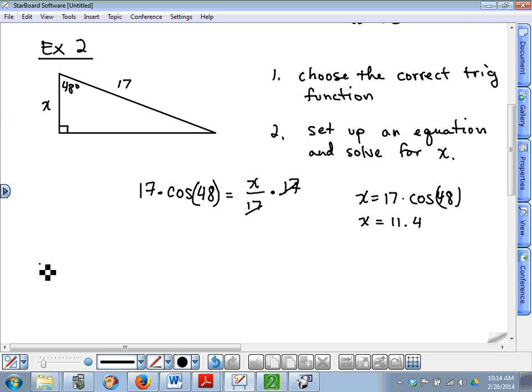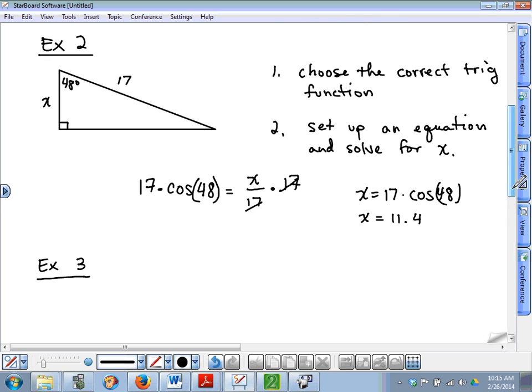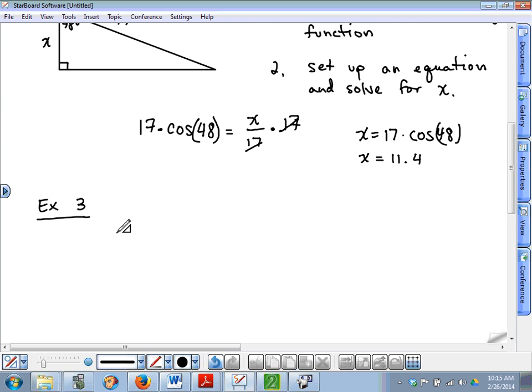Try this one. This angle is 35 degrees. I'm asking you to find this side.